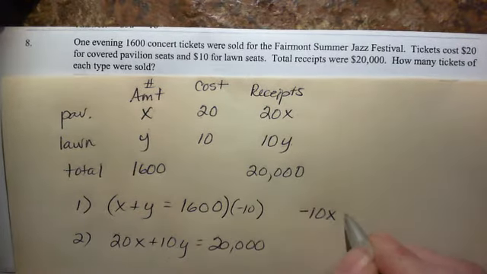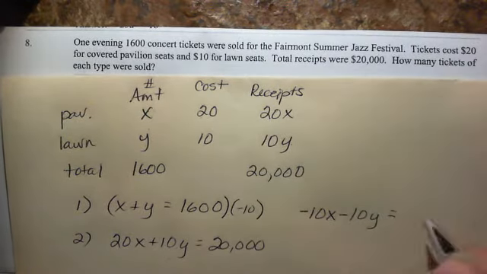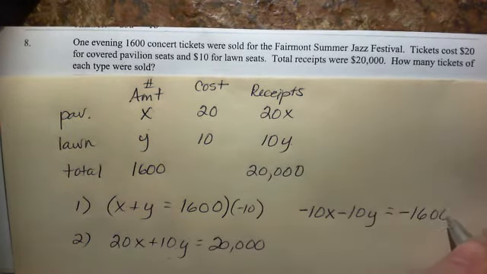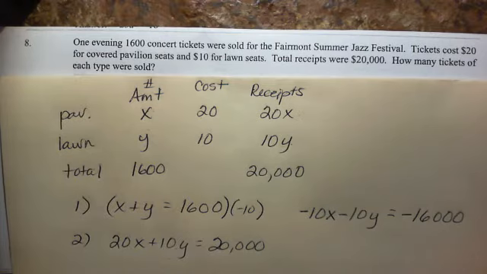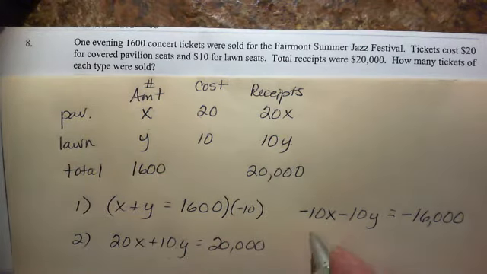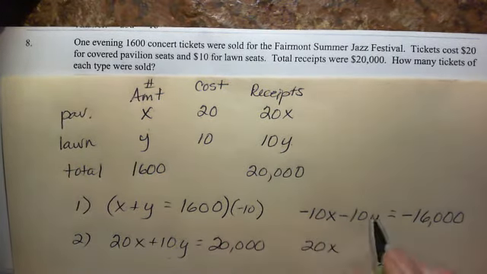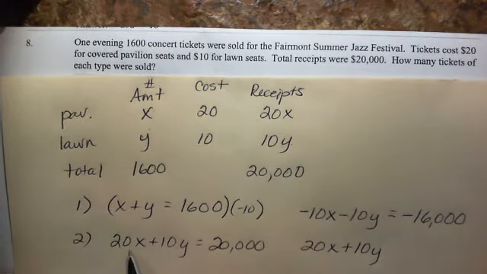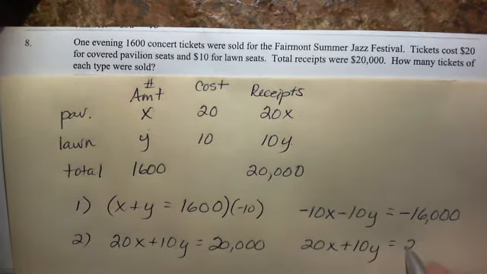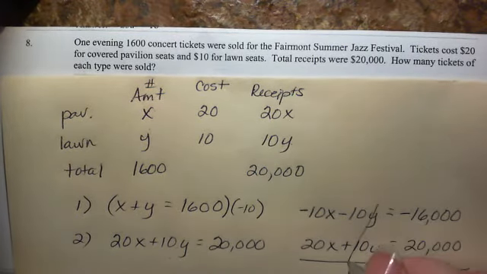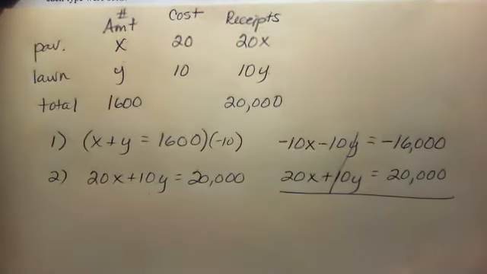Negative 10x, negative 10y equal to negative 16,000. Okay. Now I'm going to rewrite equation 2 with no change made because it will cancel the y terms here. 20x plus 10y is equal to 20,000. And we're adding here to eliminate the y's.